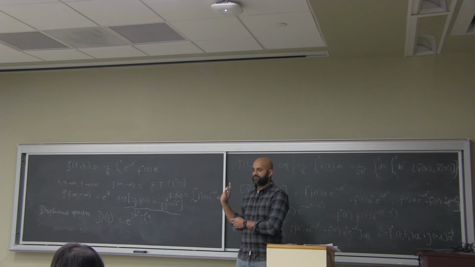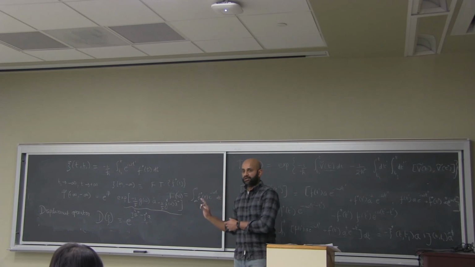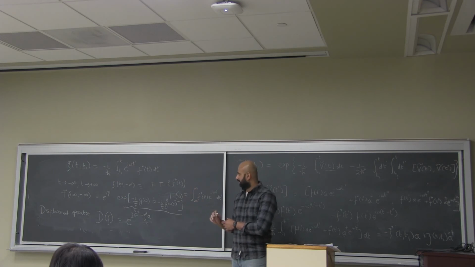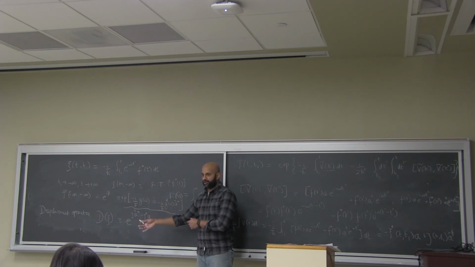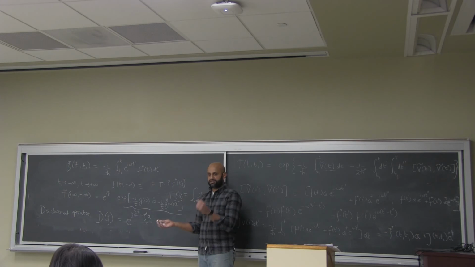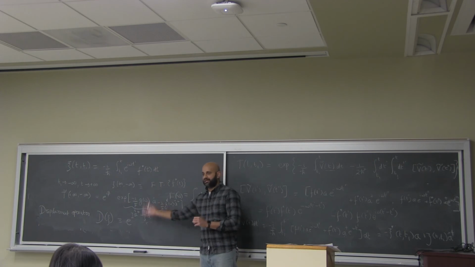We solved the problem right from scratch, and we got this result which says that the time evolution is given by this operator here, which, as I'll show you later on in the class, is a displacement operator that can create coherent states. And so the effective result is, if you start with a harmonic oscillator in the ground state and you apply a displacement operator, you're going to create coherent states.